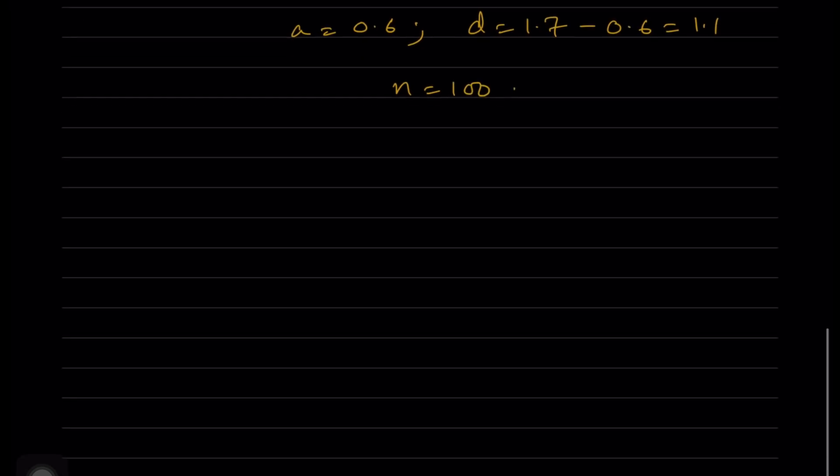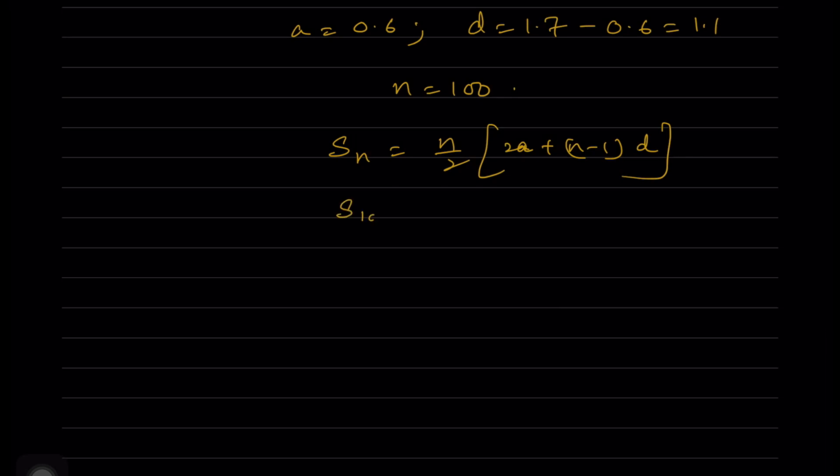So we know that Sn is equal to n by 2 into 2a plus n minus 1 into d. Now substituting all those values, S100 is equal to 100 by 2 into 2 into 0.6 plus 100 minus 1 into 1.1.